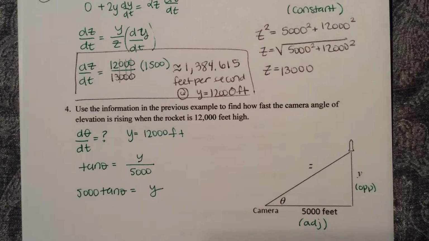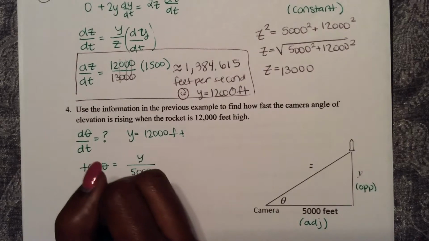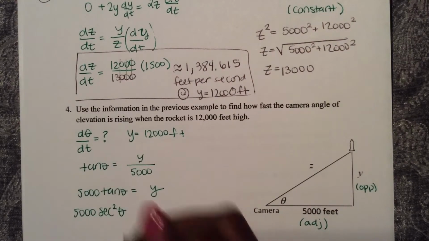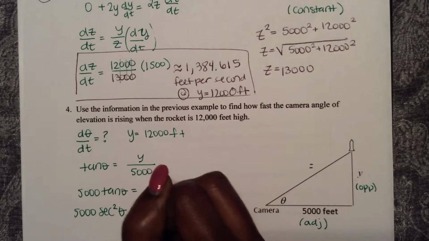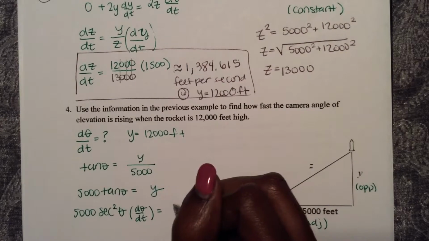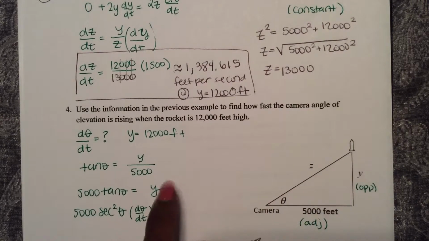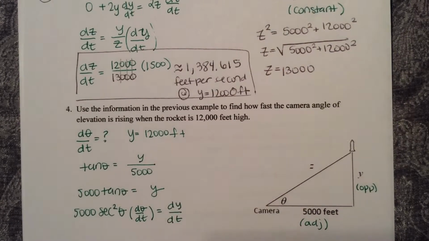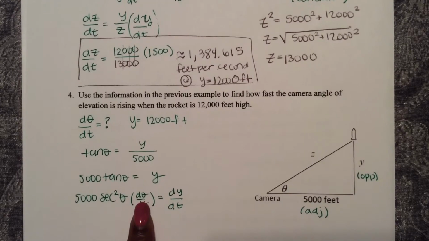So now let's differentiate with respect to time. I have 5,000 multiplied by secant squared theta multiplied by dθ/dt equals the derivative of y with respect to time. So ultimately, we are trying to figure out what dθ/dt is.